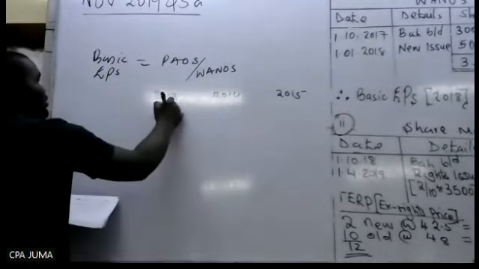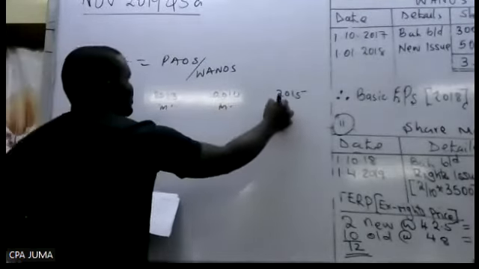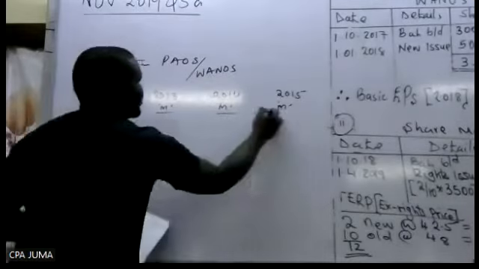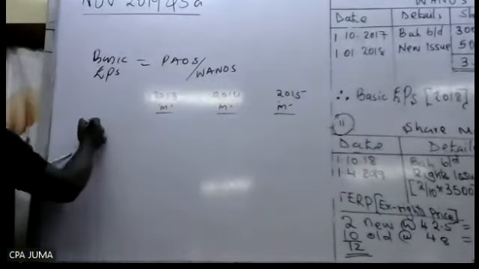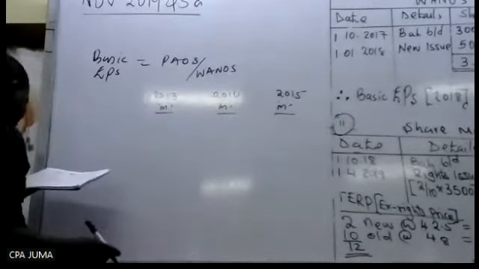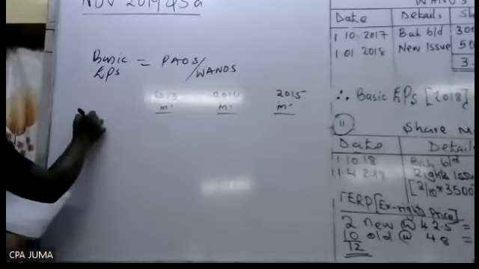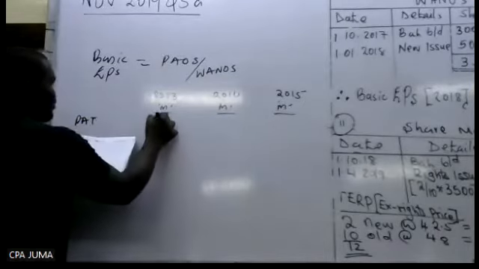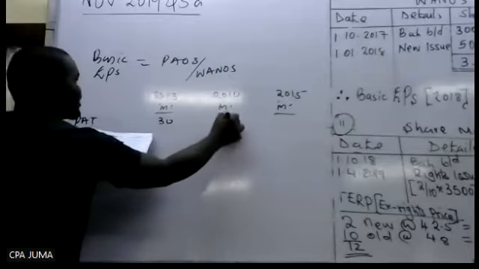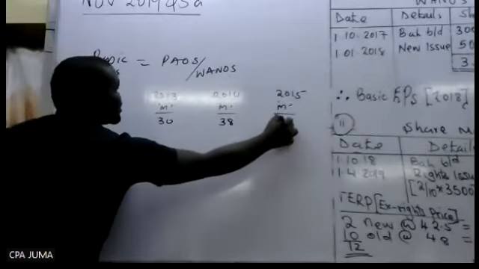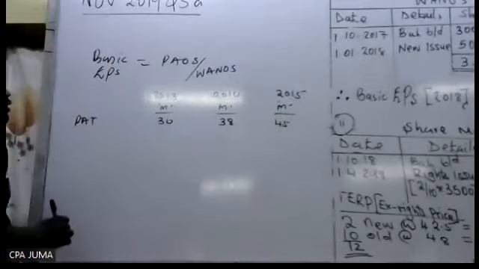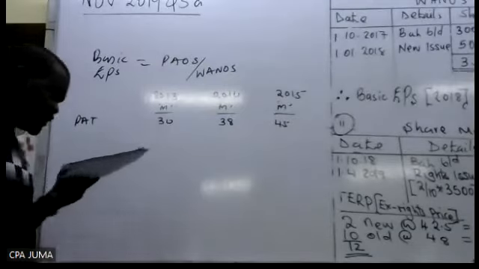Shillings are in millions. So profit: they are giving us net profit after tax, PAT, as 30 million, 38, and this one 45. Were there preference dividends?